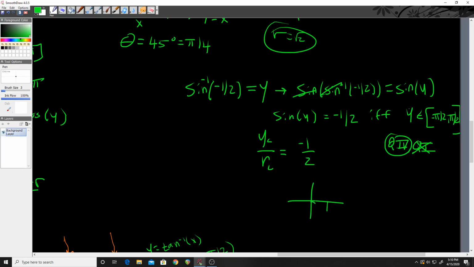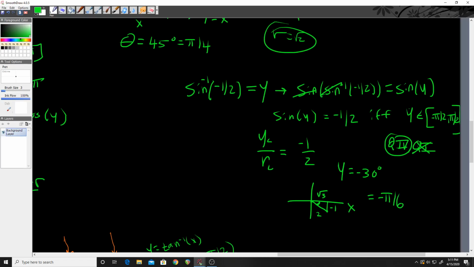R is twice that size. So -1, 2. So ask yourself, what triangle is that? What angle is this? The triangle is the 30, 60, 90. Here's square root of 3. The angle inside is 30 degrees. Except it's 30 degrees below the x-axis, not above. So that means the angle is -30 degrees, which is -pi/6.